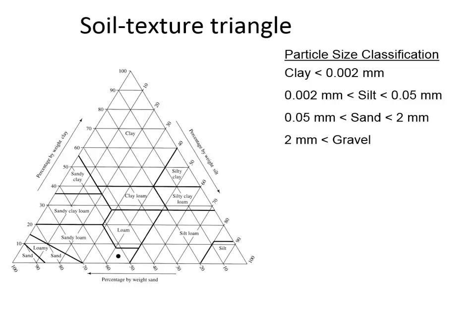But one of the important things we have to be able to do is classify soils. Now, here is how you classify soil types by their particle size: clay, silt, sand, and gravel.